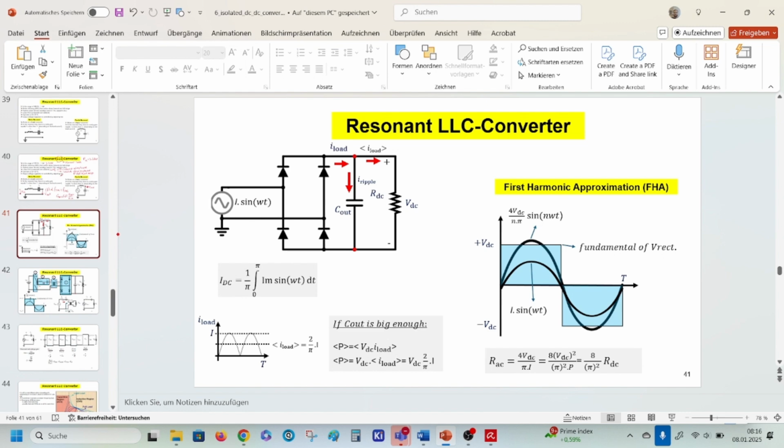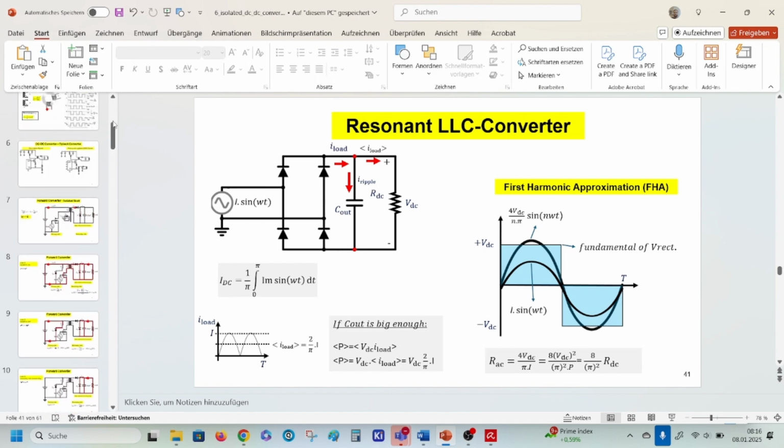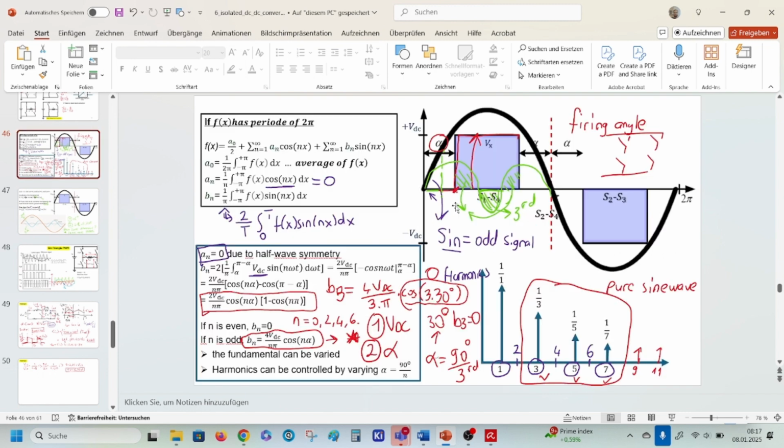We have seen the first harmonic approximation before. I think it was on the slide. This slide is also very important. I told you, please don't forget this formula. Maybe you can write it on your sheet of paper for the exam.